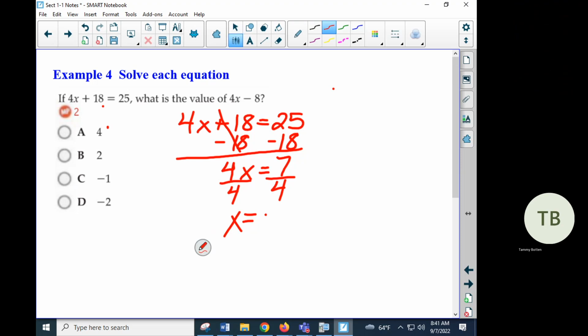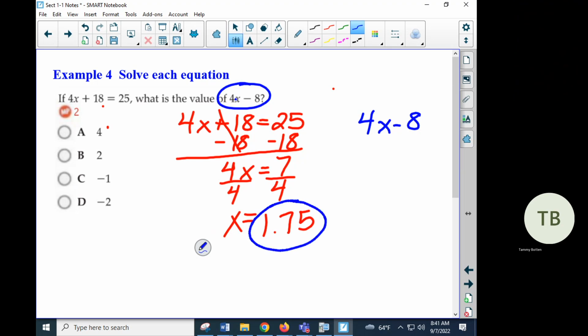Okay. Now we're not done yet. What they want us to do then is take that x and put it in here. So I'm going to take this 1.75 and I'm going to put it in there for x. So I'd go 4 times 1.75 minus 8.